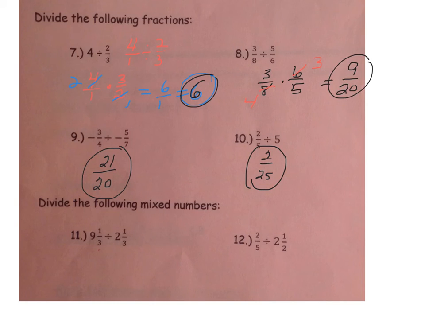Okay, hopefully you got my answers. Try the next thing. Divide the following mixed numbers. This is the end of our notes. Let's do number 11 together. Then we're going to pause, and you're going to do 12 on your own. So number 11, we're going to turn this into improper. Say 9 times 3 is 27, plus 1 is 28/3.